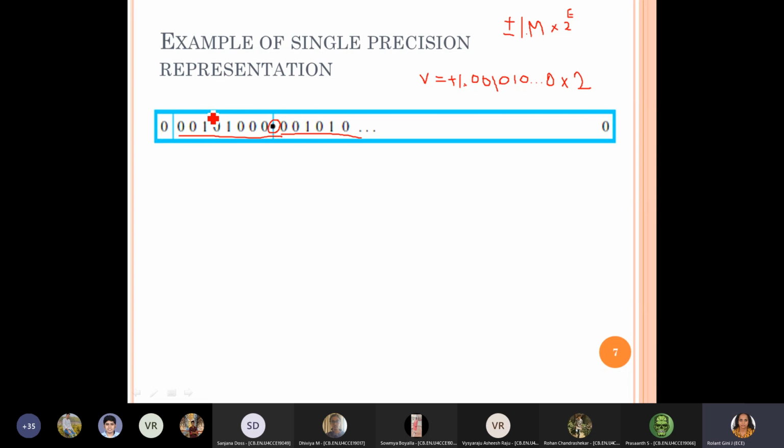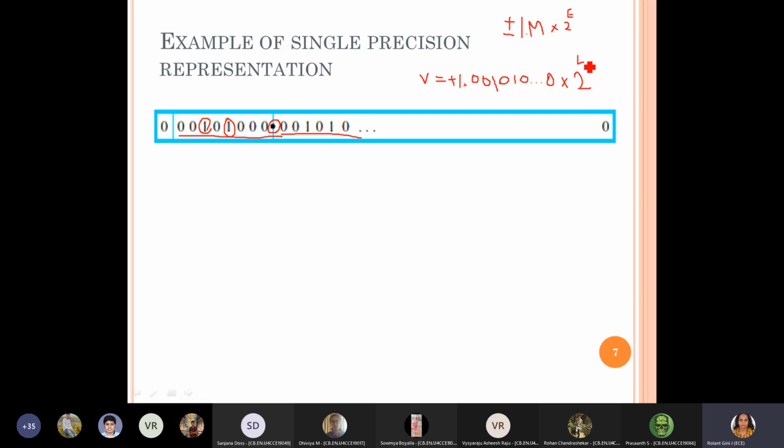So I think this 101000 will be equal to 40 in decimal. This will be 32, and this is equal to 8. So when you add up, you get 40.